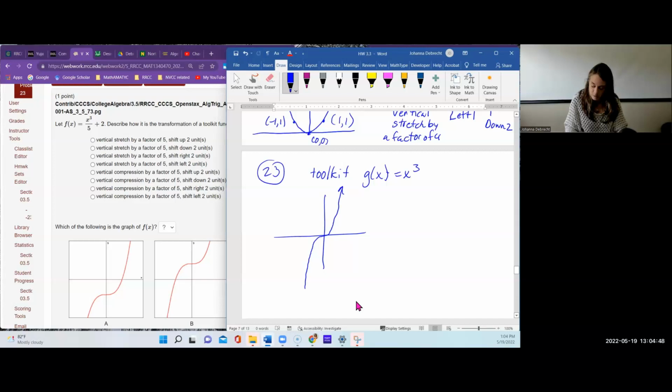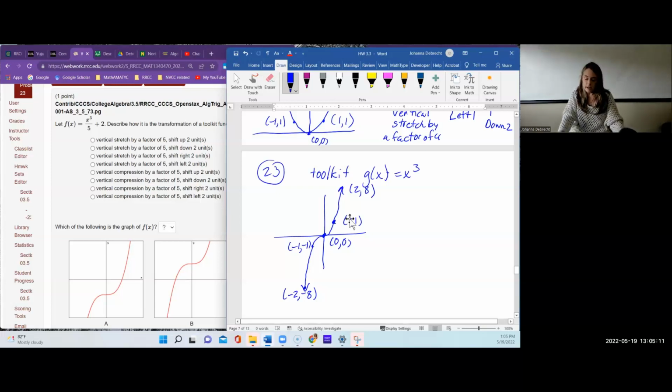And it doesn't have that wobble in it. It includes the points -2, -8, -1, -1, the origin 0, 0, the point 1, 1, and the point 2, 8. It's not drawn to scale, but don't worry about that. As long as you have the basic shape right and the points correct, it's good enough.